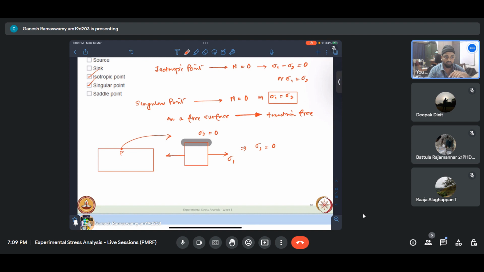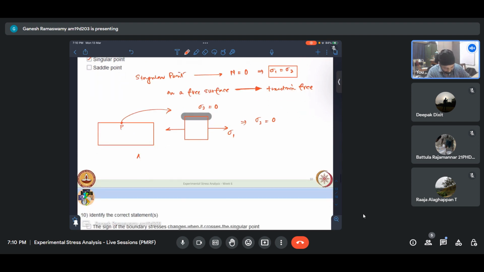When can this happen? This can only happen when our stress tensor is also 0. So at singular points, the stress tensor is also 0.